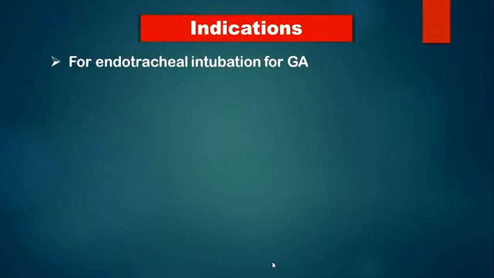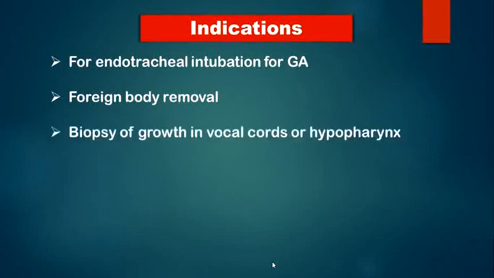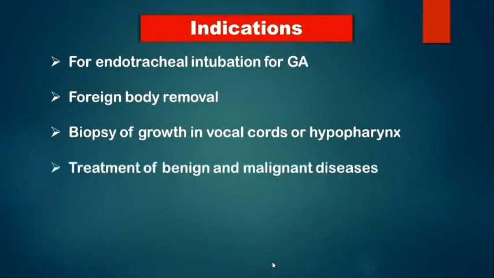We can do endotracheal intubation without using a laryngoscope, but also intubation for general anesthesia. Foreign body removal can also be done by laryngoscope. Biopsy for a growth on the vocal cord or hypopharynx, and the treatment of benign and malignant diseases.